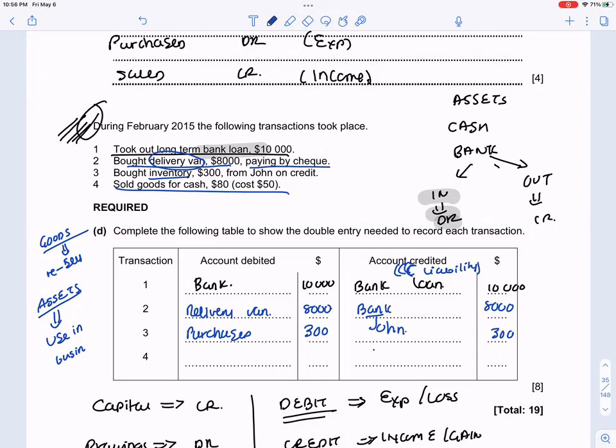Sales would always be on the credit side. 50 or 80? 80, I think. What will be debited? Cash 50. You will sell for 80, but you will take 50 rupees.